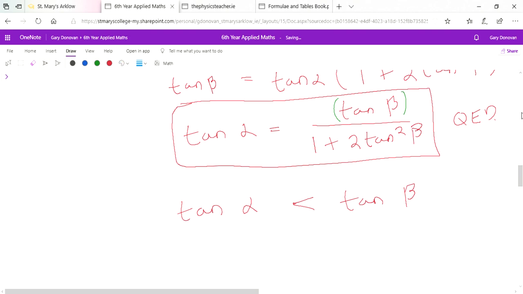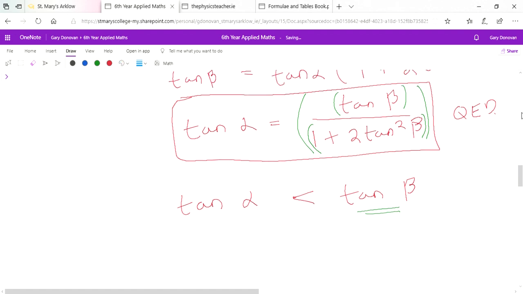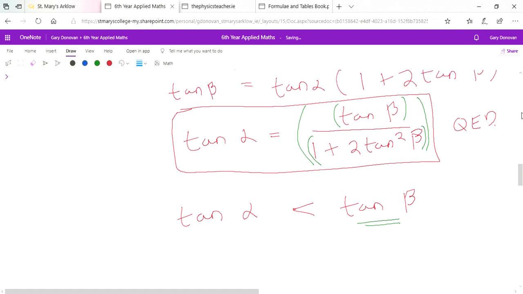So if we want to prove that this whole term is less than tan beta, the bottom line, the denominator, must be greater than 1. If tan beta is being divided by a number greater than 1, this side will be smaller than tan beta.